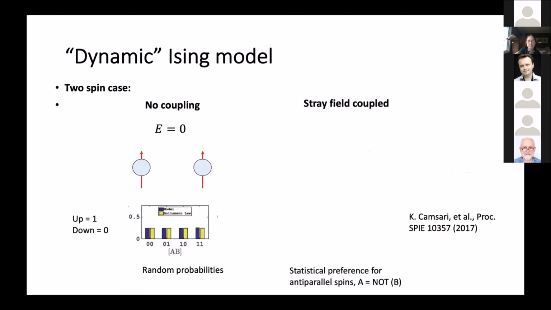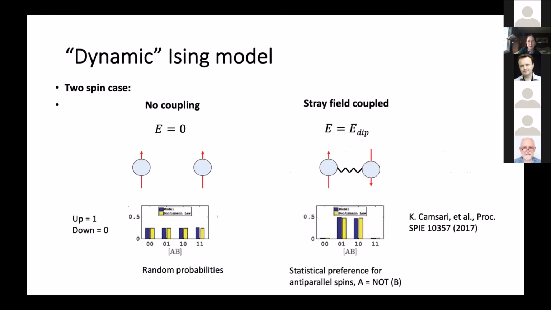And so here's one example of comparing spin up and spin down. If we have just two spins and they aren't coupled to each other, and we look at the probability and say spin up corresponds to 1, spin down corresponds to 0, we would see these pairs of probabilities of spin 1 and spin 2 all be the same. So it's just random.